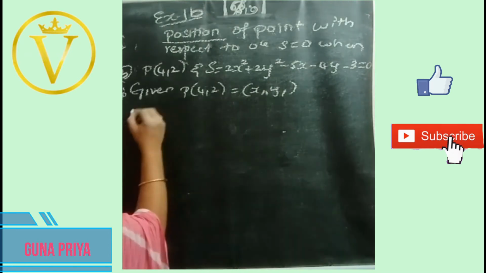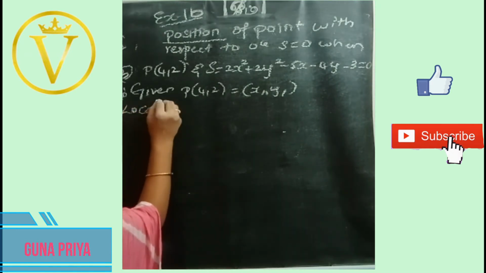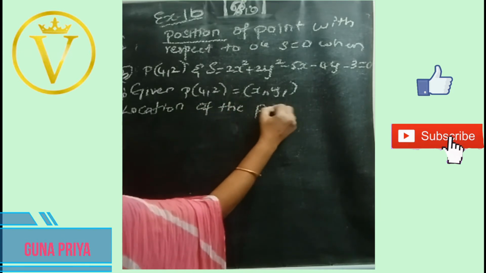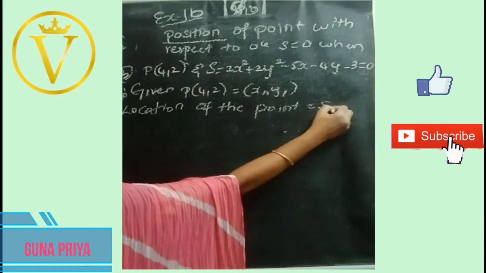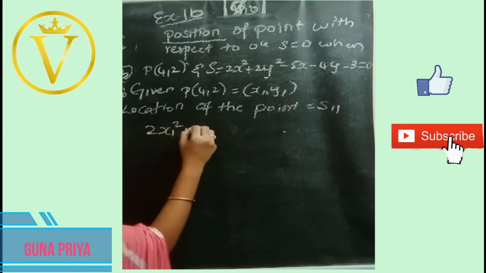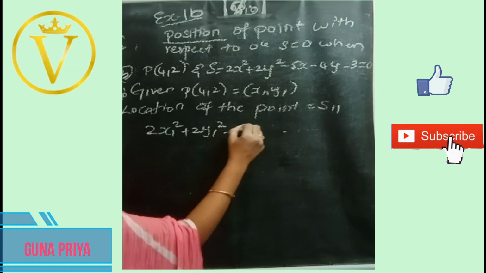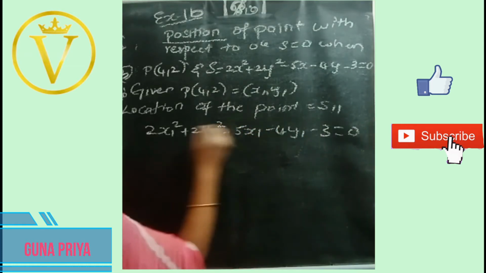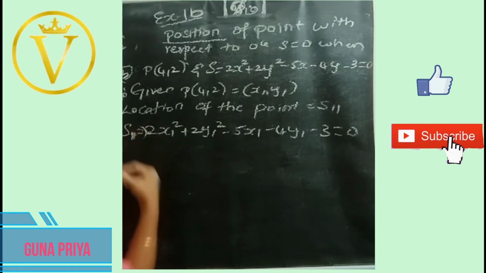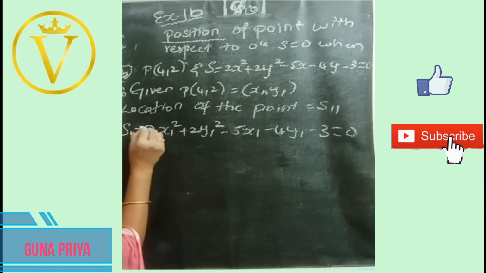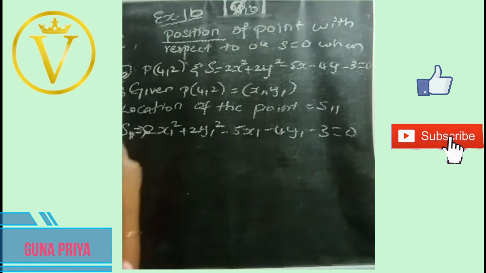Now the location of the point S11 means 2x1 square plus 2y1 square minus 5x1 minus 4y1 minus 3 equals 0. There is a difference between these equals; make it an arrow mark like this.